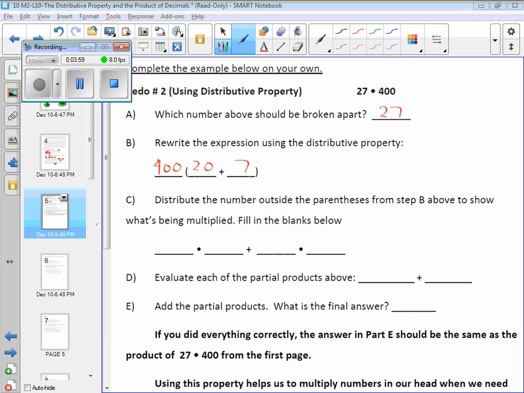Okay. I'm going to multiply 400 times what to start? Make an arrow. And then 400 times what? Second arrow. And then just rewrite it here.